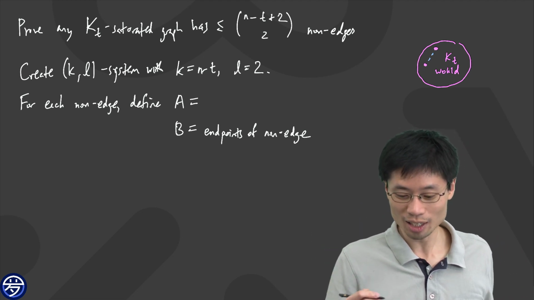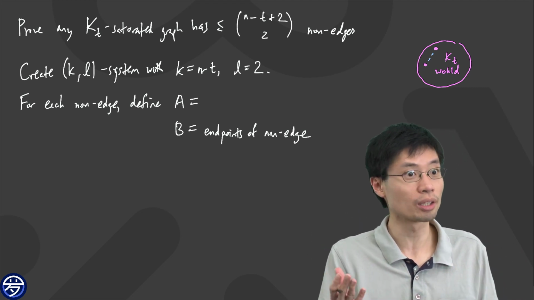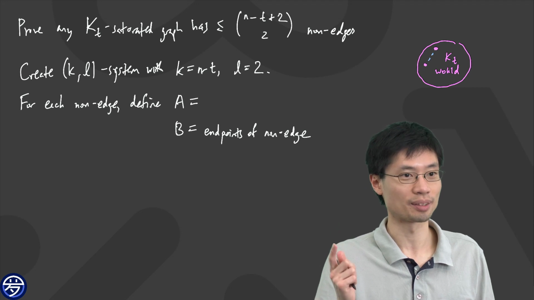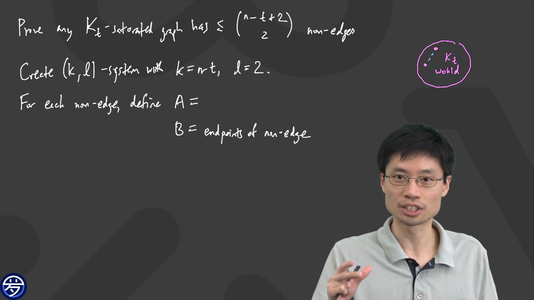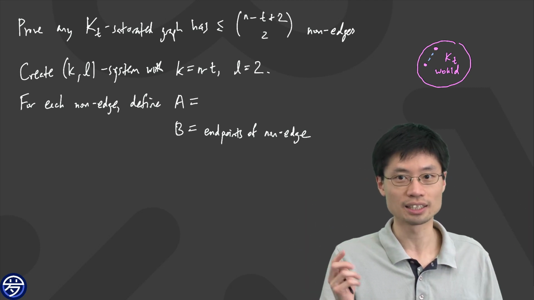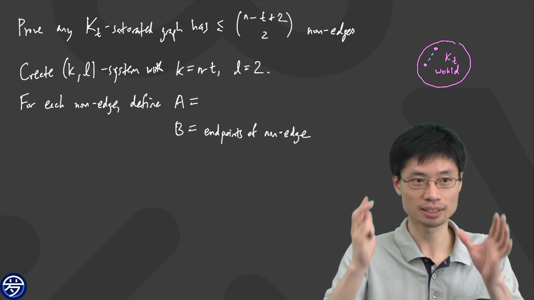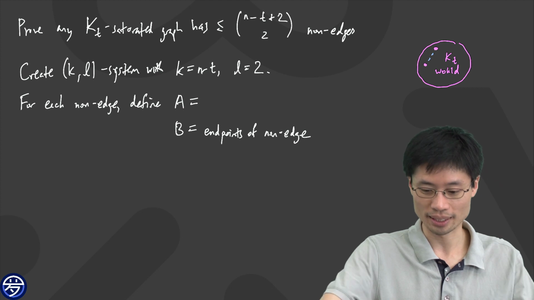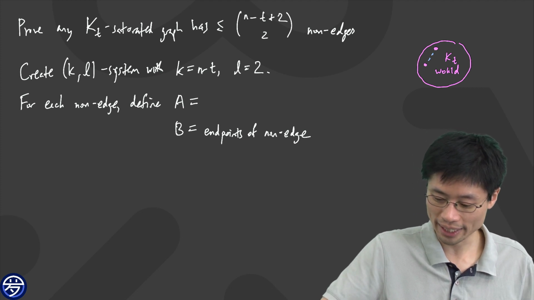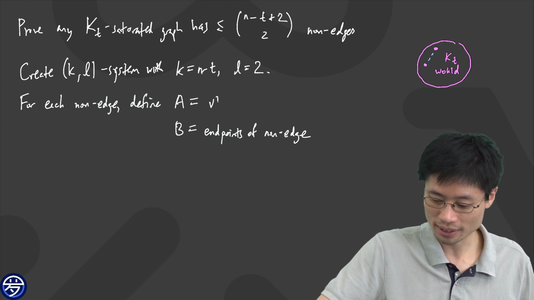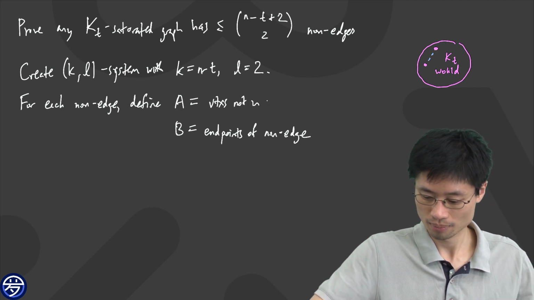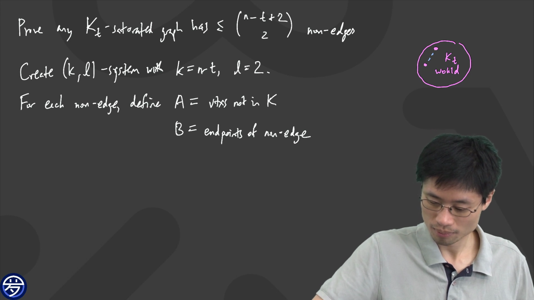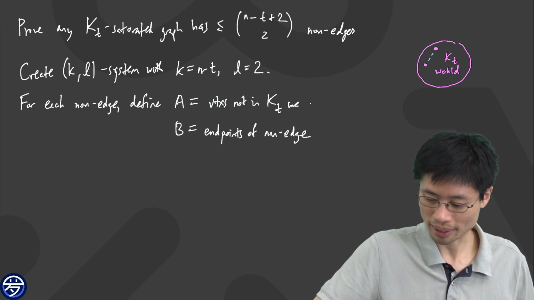So let's let A be... Oh, by the way, there could be more than one KT that's created. Just pick one of them. When you make a non-edge into an edge, you could have made lots and lots of different KTs. Pick one, stick with it. And once we stick with it, what we do for A is the vertices not in the KT we picked.